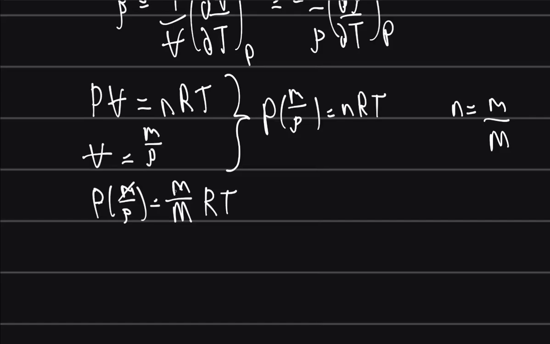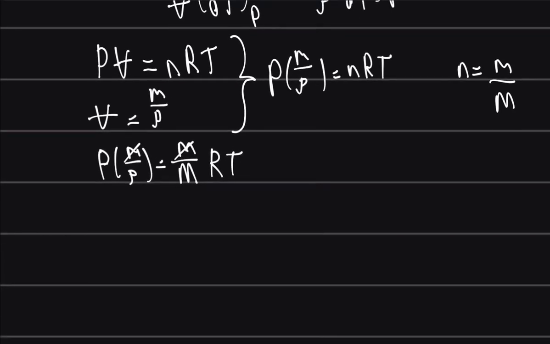We can divide both sides by m, and then we can solve for density. So we multiply by density on both sides, and then we multiply by M and divide by RT. So we get pressure times the molar mass over the gas constant times the temperature.